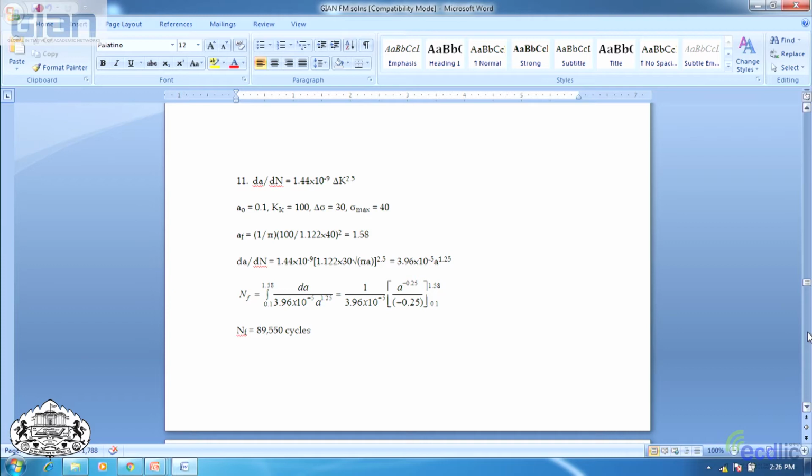That was what we did when you had that set of data that you played with on Wednesday. Here's the whole solution. I didn't want you to see the whole solution right away, so cover your eyes for the bottom part, but you can look at the top. So DA/DN is 1.144 delta K to the 2.5.